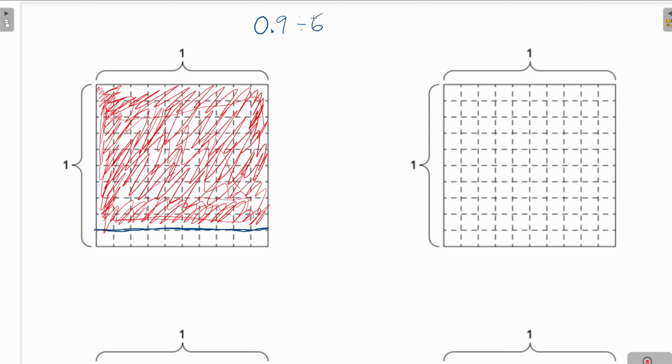So now I have to break it up into 6 equal parts. So let's go ahead and break it up into 6 equal parts. And the best way to go about that is to understand that I cannot break this up into 6 equal parts here exactly like I did before with the previous problem.